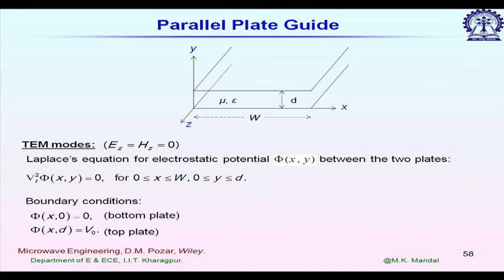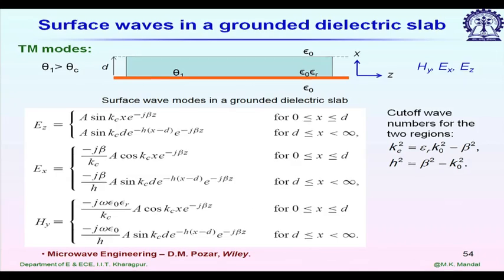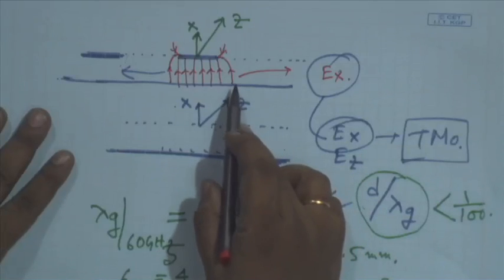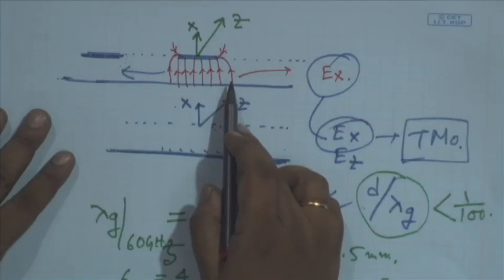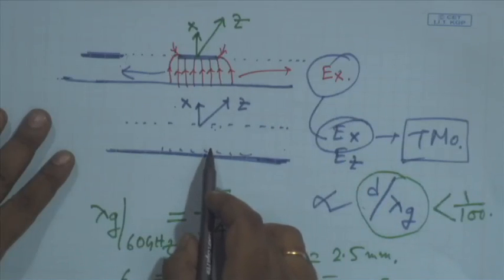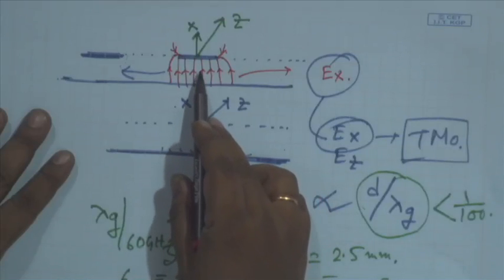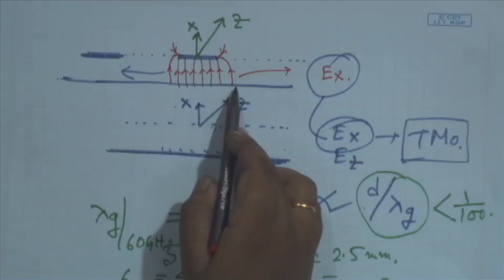So, for example, consider the effect of TM0 mode and how to reduce it. Let us go back to the diagram. For TM0 mode, the main problem is coming due to this x component of electric field, which is perpendicular to the ground plane.